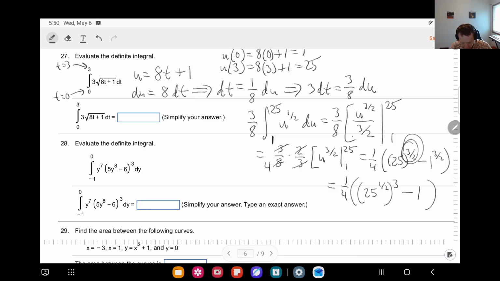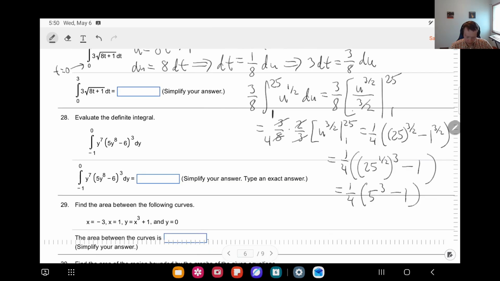So that would get me back here to 3/2. And I want it to be this way because first 25 to the 1/2 is nice. That's just square root of 25. Right? So 5 cubed minus 1. 5 cubed is 125. So 1/4 of 124.